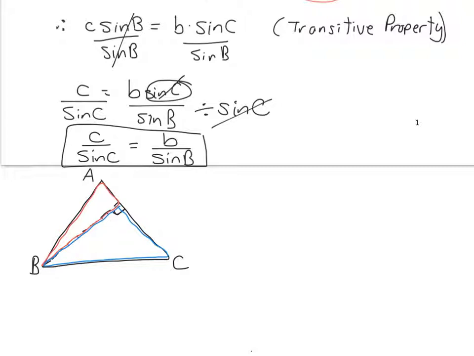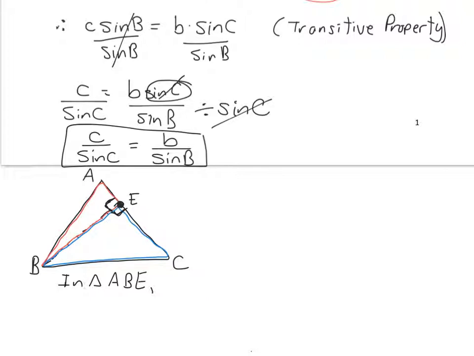Now we're going to redo that process that we just did with these triangles. So in triangle ABE, we're going to make the height meet side length AC at point E this time.